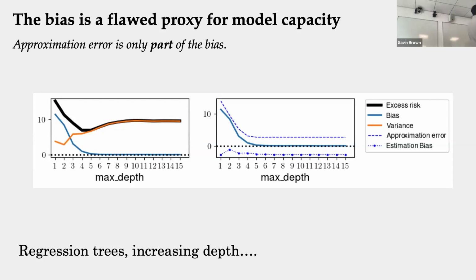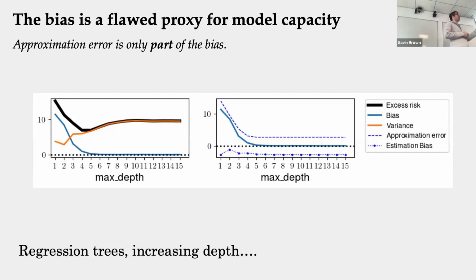So if I talk to you about the bias variance decomposition, and I say I've got a model that has 0 bias, should I conclude that my model has sufficient capacity to model the data distribution?